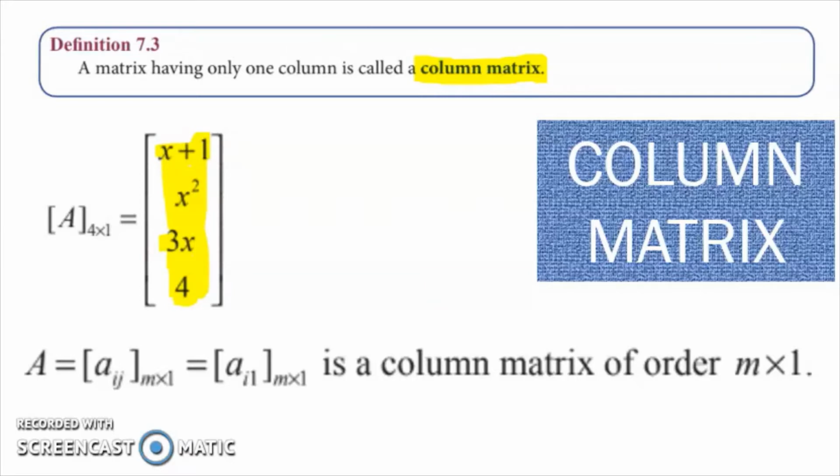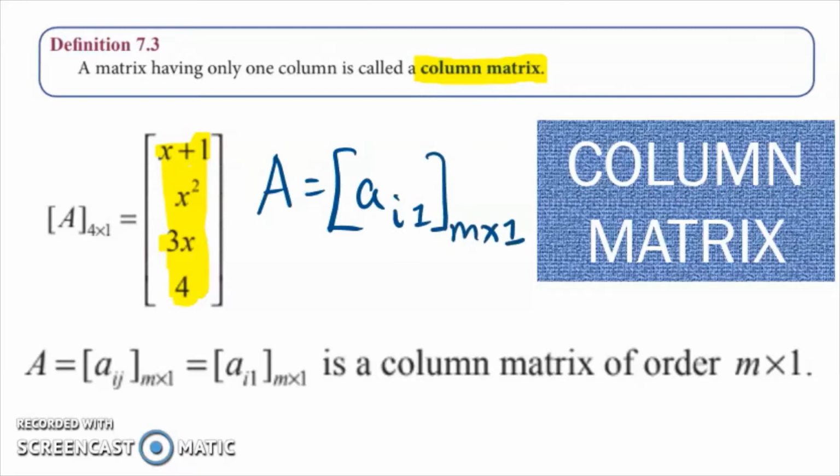Now, this matrix will be written in the form, as you can see here, A is equal to a_i1, m times 1, because it has only one column.